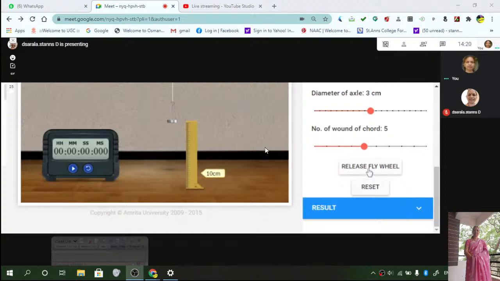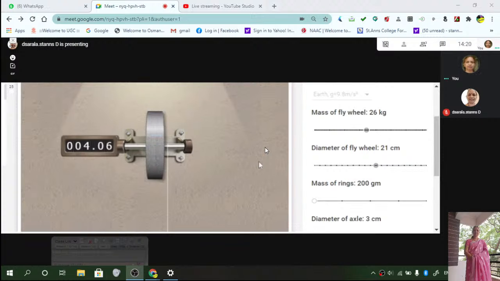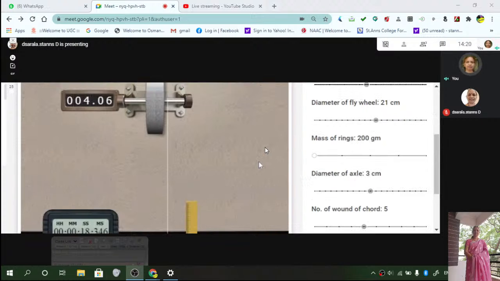What's happening? It started slowly unwinding itself. You can see the number of cords getting from 5 to 4, 3, 2, 1, and it's touching the ground. It's getting detached from the flywheel.